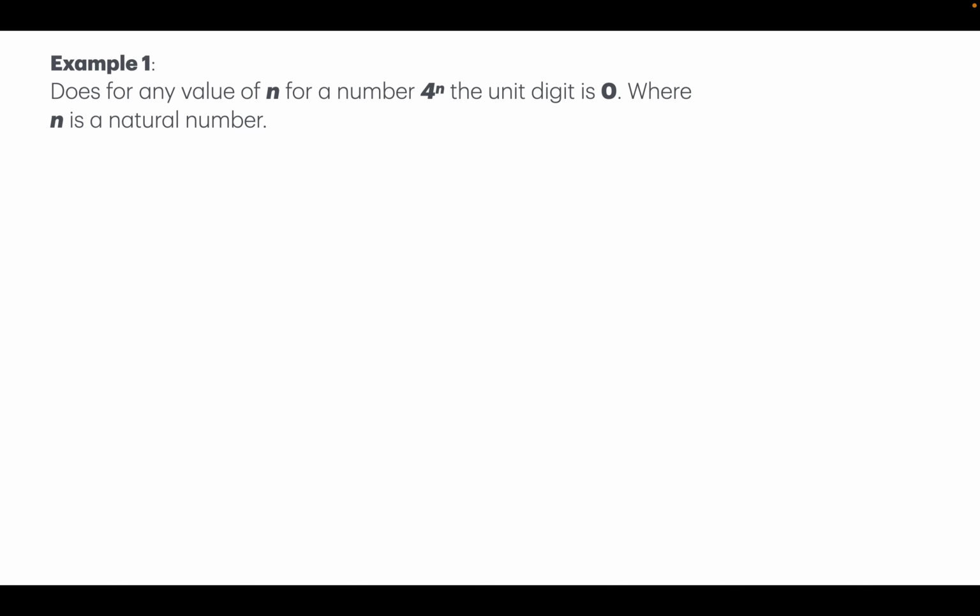We cannot say that we won't, neither can we say we will, because we would have to keep plugging in values of n until we get a number that ends with 0. But how many values will we plug in?